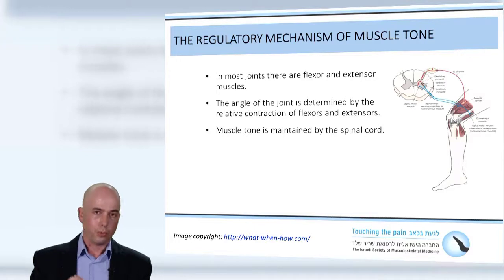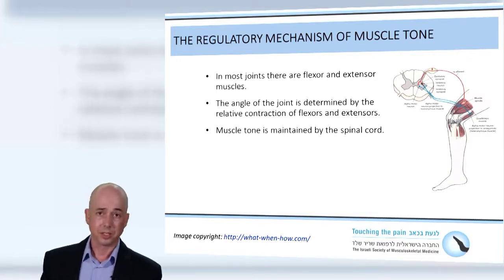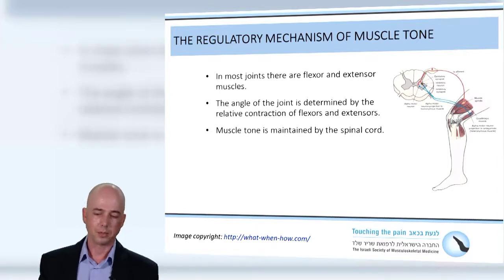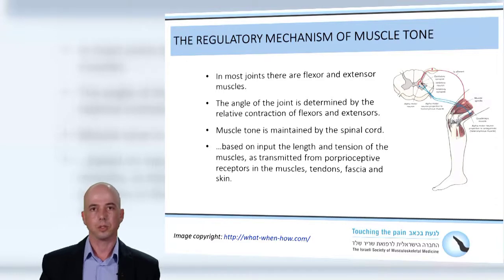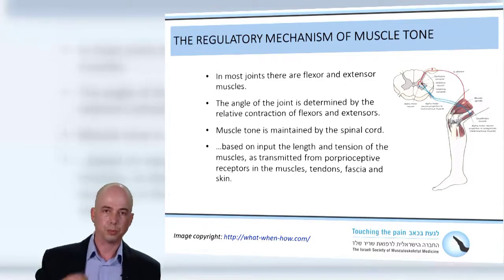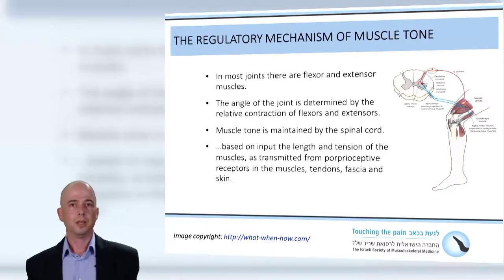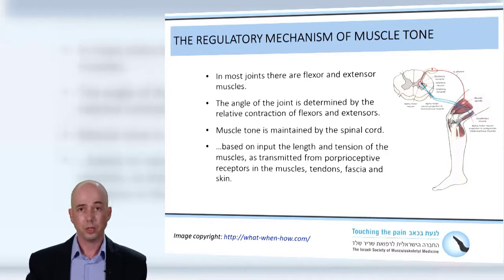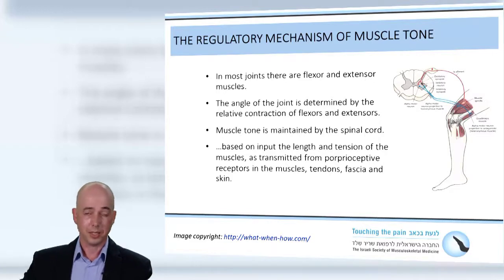The tone of each muscle, both of the flexors and of the extensors, is maintained by the spinal cord. And this regulation of the tone of the muscle in the spinal cord is based on proprioceptive input coming from the muscles, from the tendons, from the joint, from the skin, from the fascia, from all of the somatic tissues that surround the muscle.